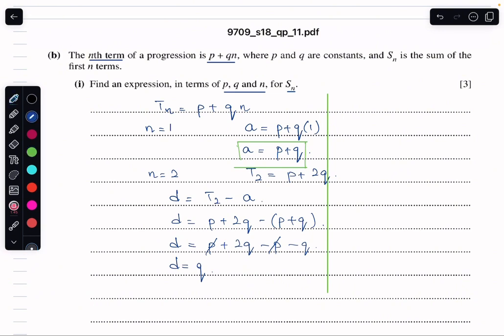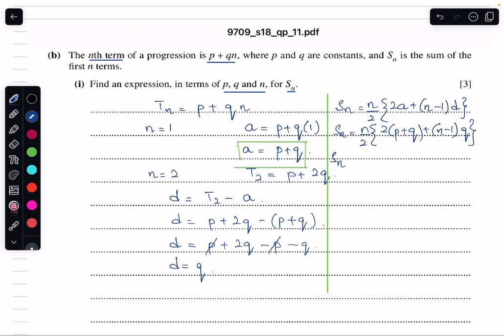The sum formula here is going to be Sn equals n by 2 times 2a plus n minus 1 times d, which in this case is q. So Sn here is going to be n by 2 times 2 times a, which we have as p plus q, plus n minus 1 times d, and in this case the d is a q value.